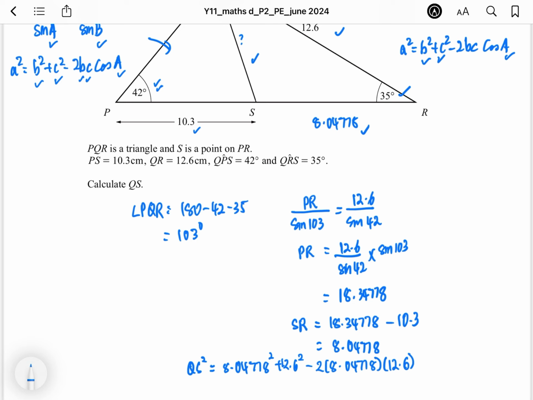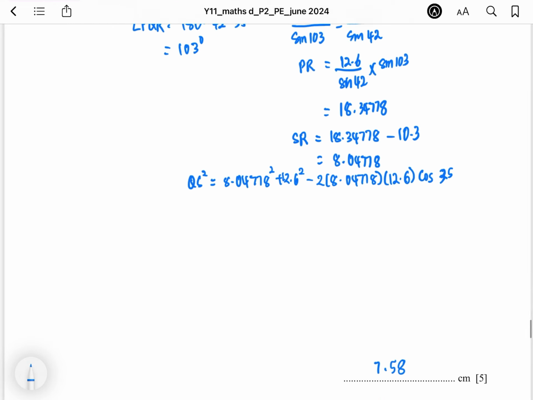This is just to make sure that you are substituting the right thing, so that when you use your calculator, it'll be easier. So use your calculator there, 2 times cosine 35, and then you press equal.